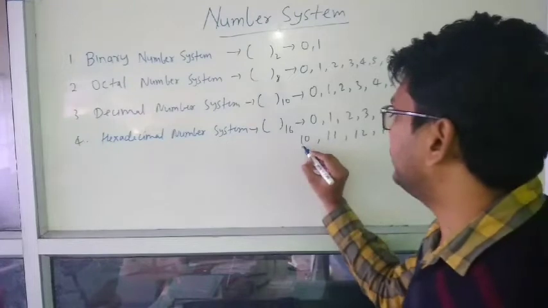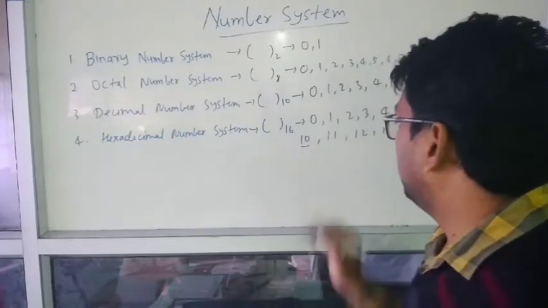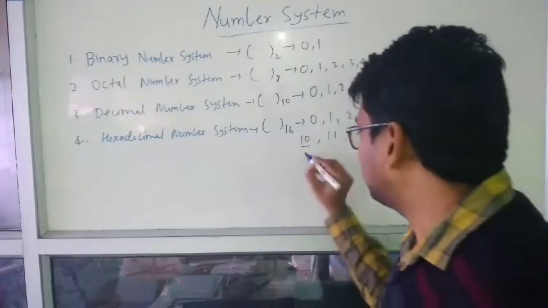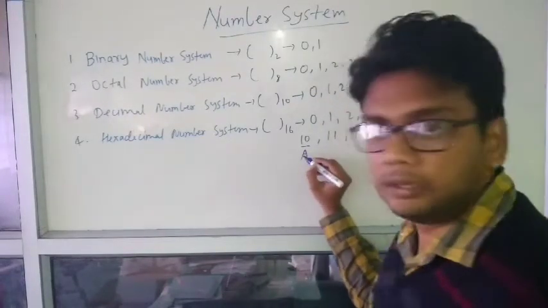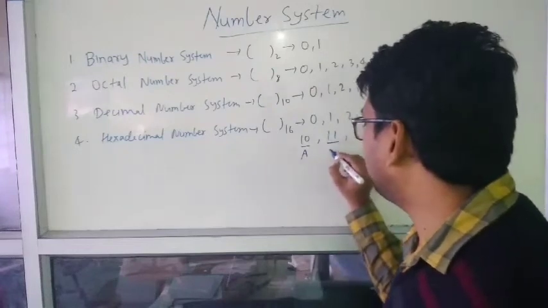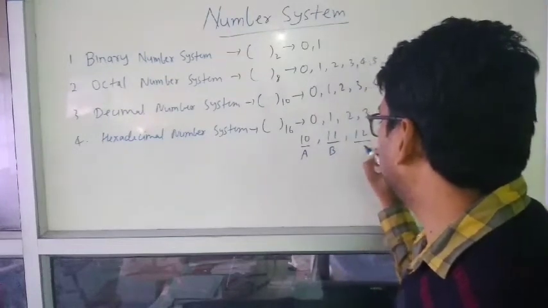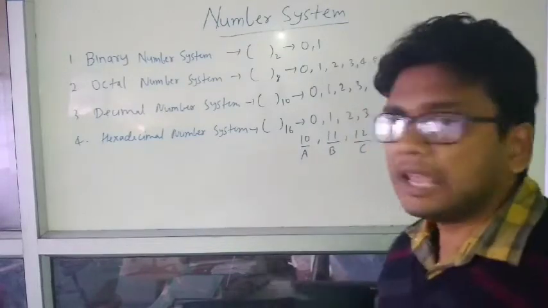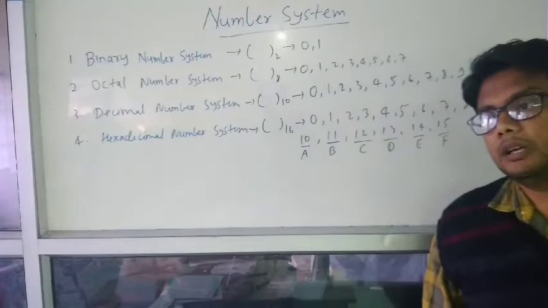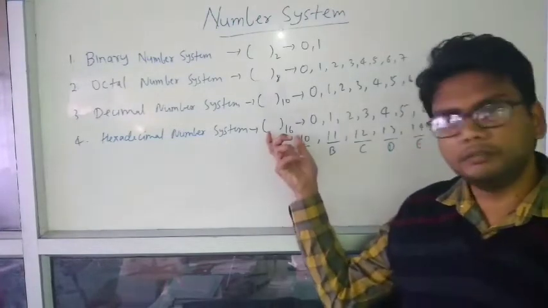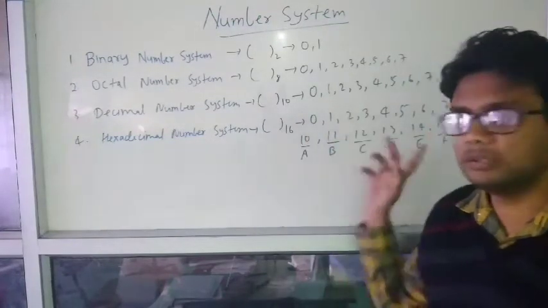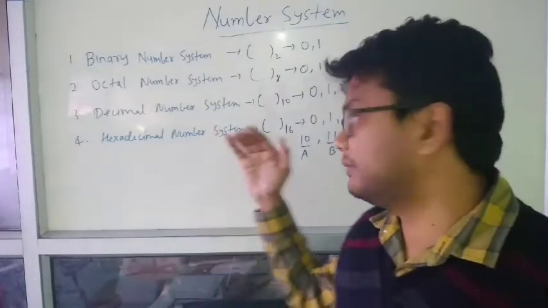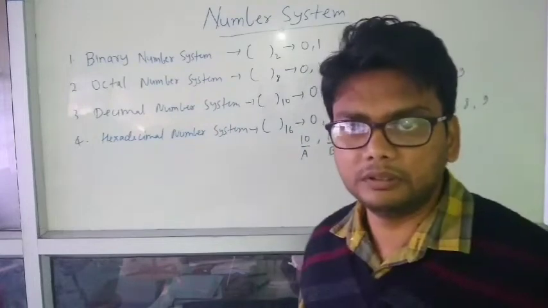Here 10 is a 2-digit number, so we can represent it with A, 11 with B, then C, D, E and F. It means that in hexadecimal notation, the radix is 16 and the total values will be 16, running from 0 to F.